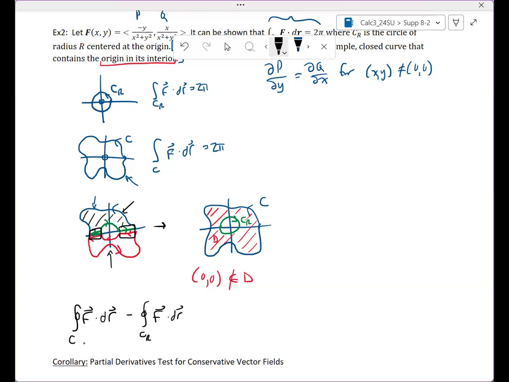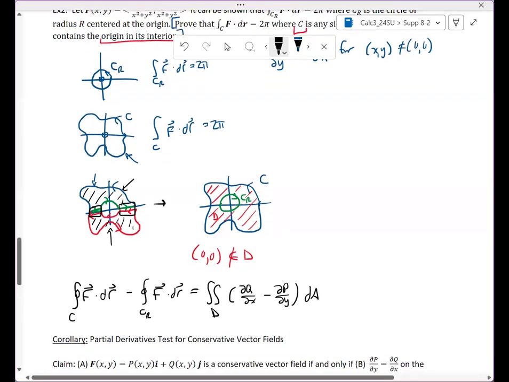And I've also used some bottom curve here, again, whose interior region doesn't contain the origin. I've just glued them together. I can apply Green's theorem here. So this ends up being the double integral over D of the partial of Q with respect to x minus the partial of P with respect to y dA. And again, importantly, (0, 0) is not in D.